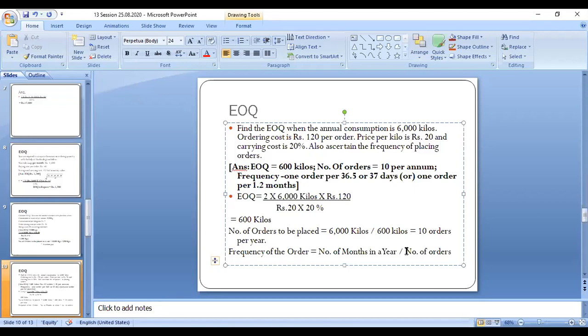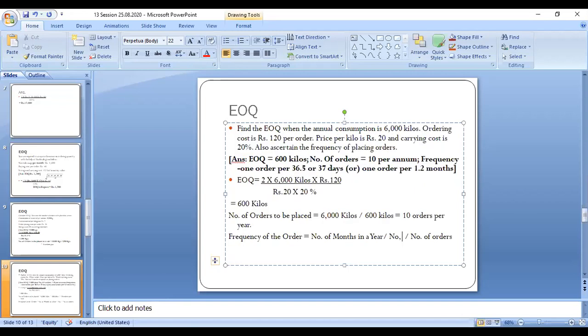In the same case, if you use the number of days in a year, number of days in a year divided by number of orders, you will get that also. So 365 divided by 10 means 36.5 days.